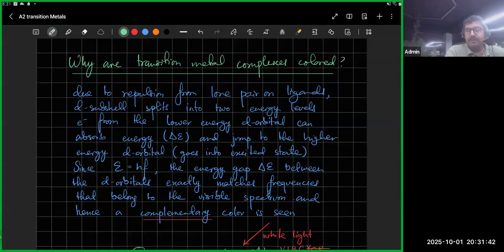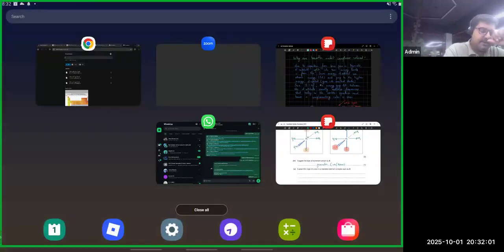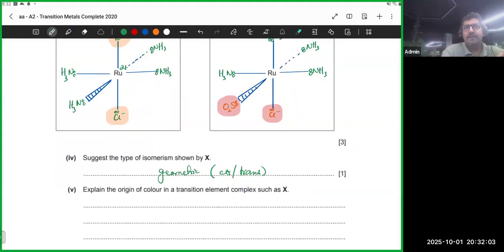Electrons from the low energy d orbital can absorb energy and jump to the high energy d orbital, goes into an excited state, E is equal to hf. So the energy is proportional to frequency, which matches frequencies that belong to the visible spectrum, and therefore you see a complementary color.